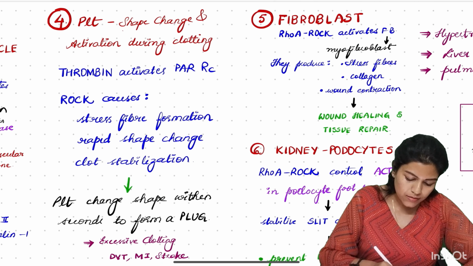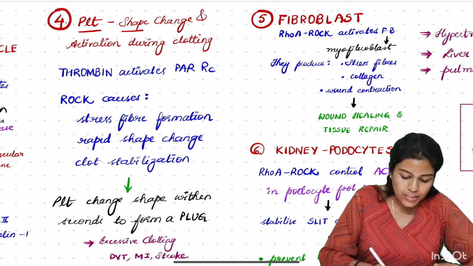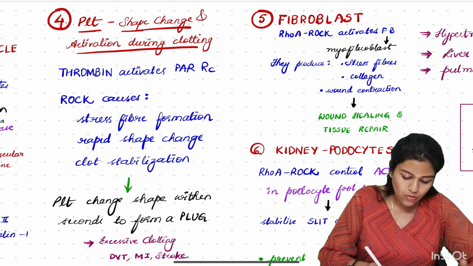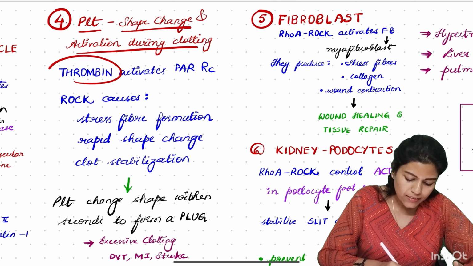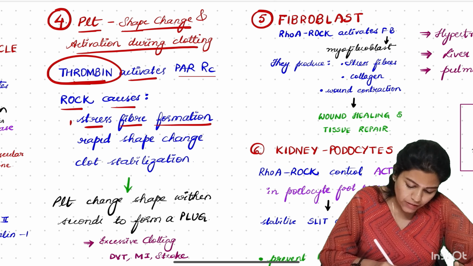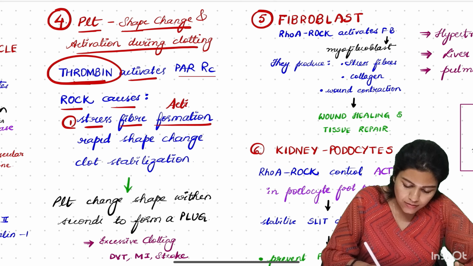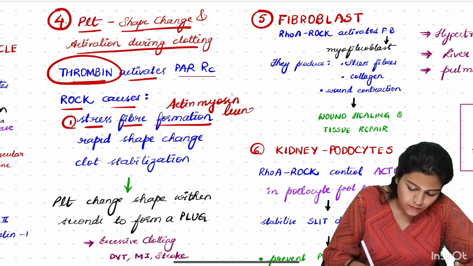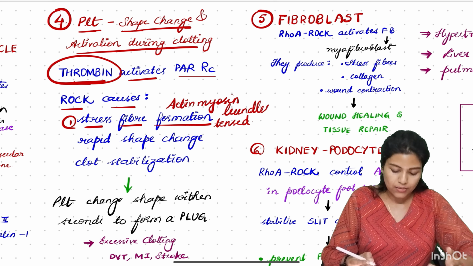The fourth example is platelets. They change shape and get activated during clotting. Here the ligand is thrombin. Thrombin activates the PAR receptor, wherein the activated ROCK will cause stress fiber formation. Stress fibers are these actin-myosin bundles of the cell getting tensed and helping in contraction.